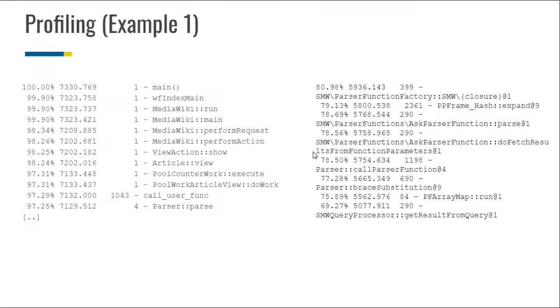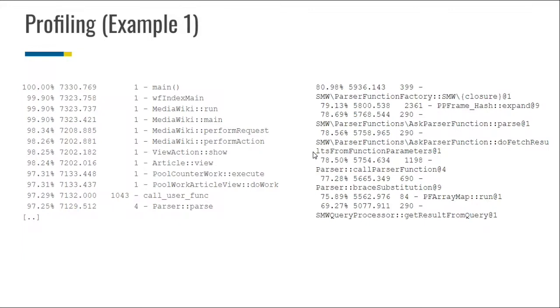The other thing to note in this particular example, which is an example of a page that's slow due to complex templates, is you have a lot of SMW things right at the top. The first thing you might think is maybe the Semantic MediaWiki database is struggling with complicated database queries.